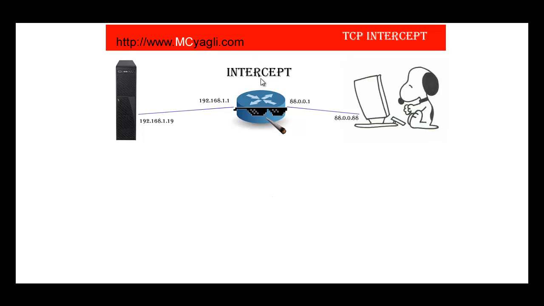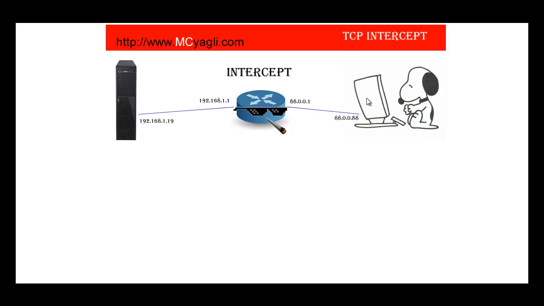Okay, so let's talk about intercept mode. I have placed a router, and this router will intercept the TCP process, which means when Snoopy tries to access our server using a TCP connection, this router intercepts this request, because the SYN message will arrive here, and this router pretends to be this server, and it will complete the connection to Snoopy.